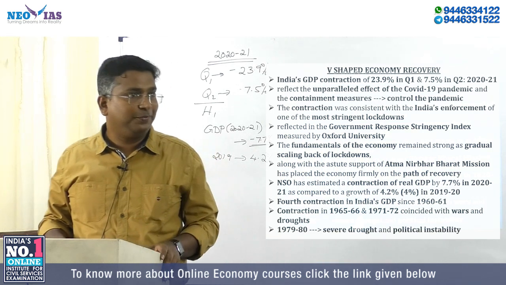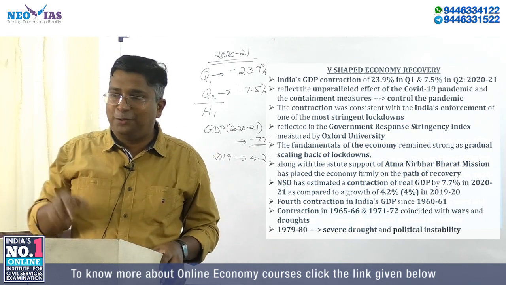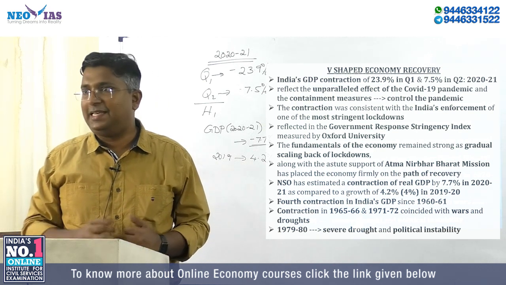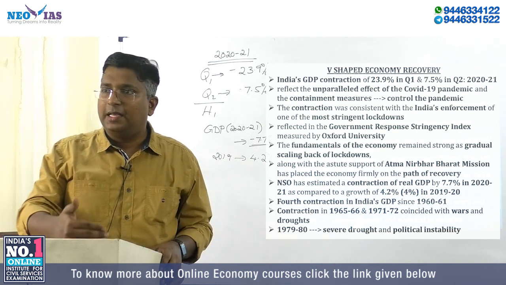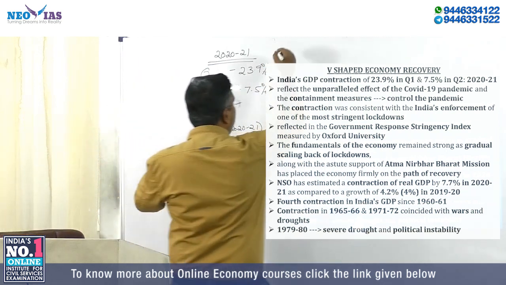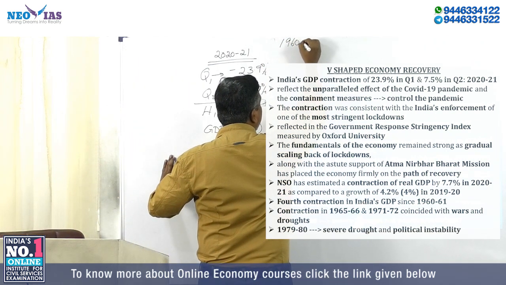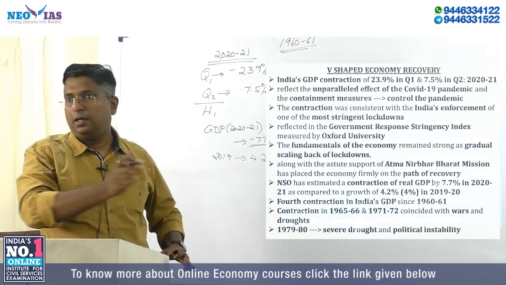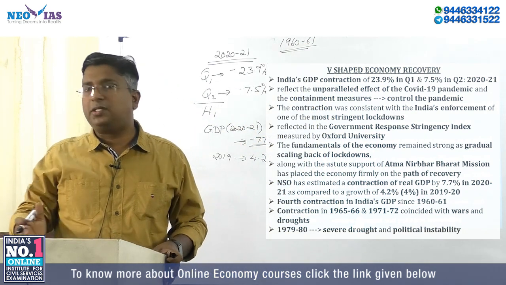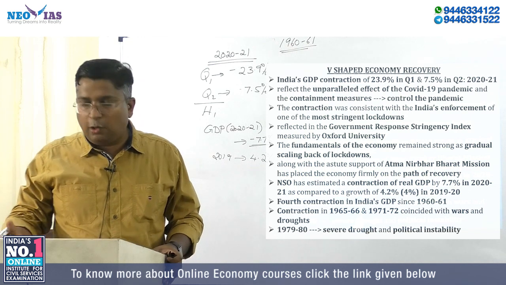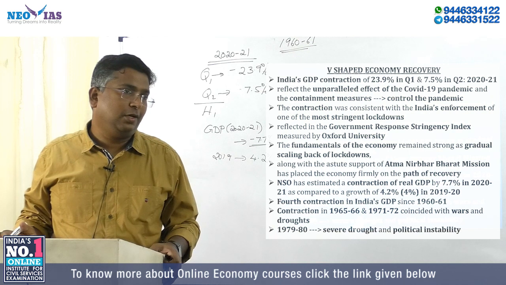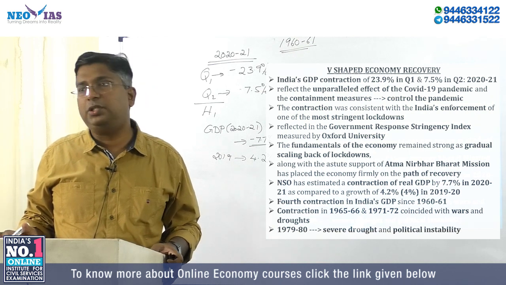Be very careful: it has not used the words after independence. It is saying from 1960-61 onwards, if you take the data from then till now, this is the fourth GDP contraction.